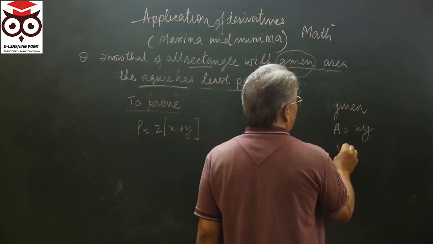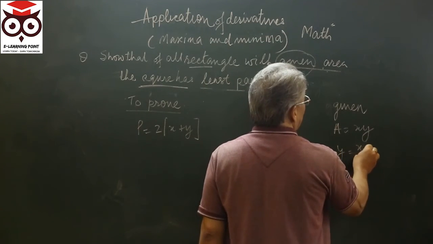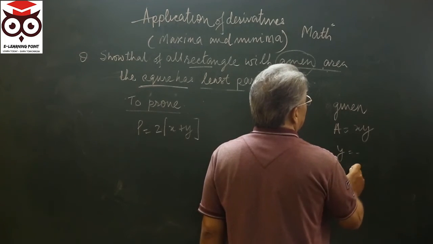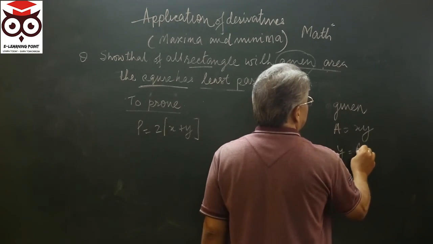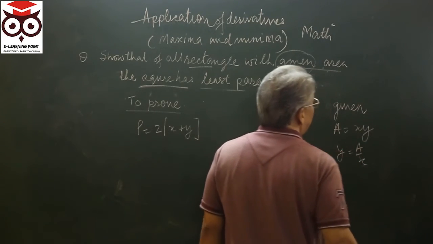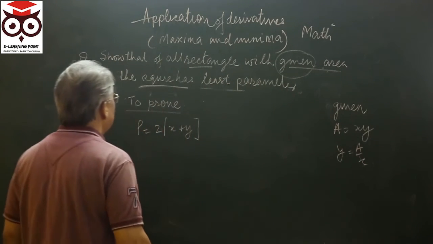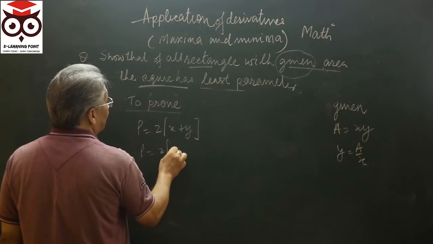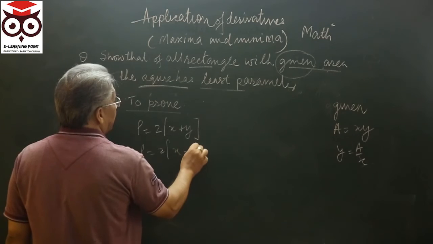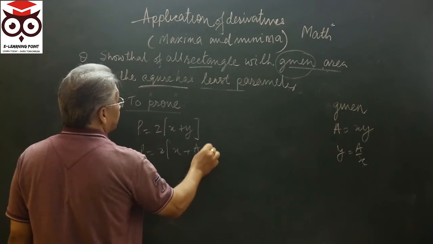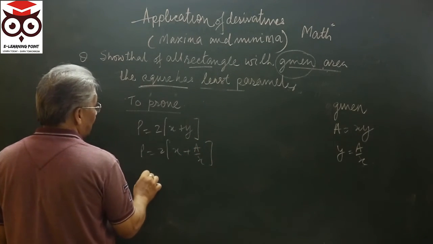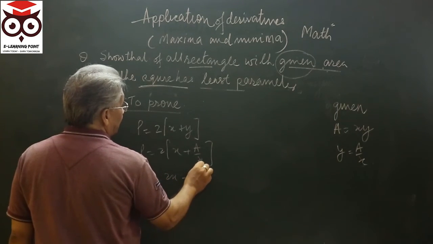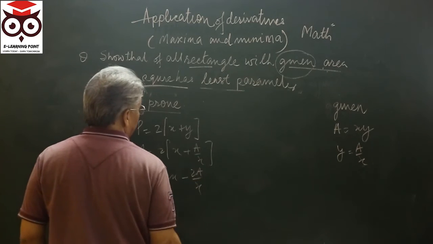So from here I will find out y is a by x, and I will eliminate it here. So this is p equal to 2x plus 2a by x.